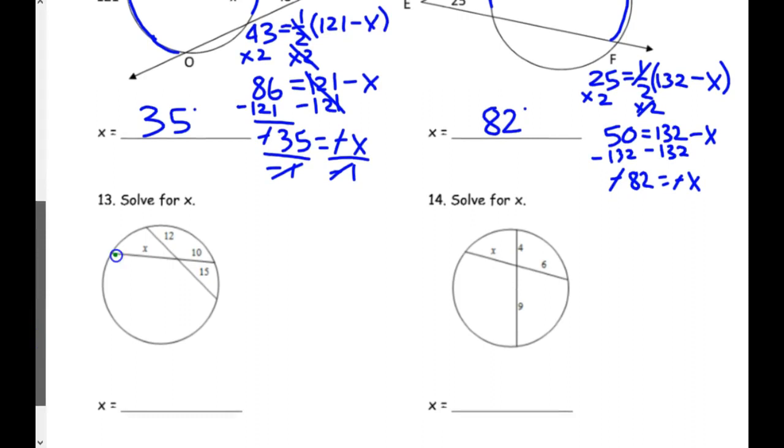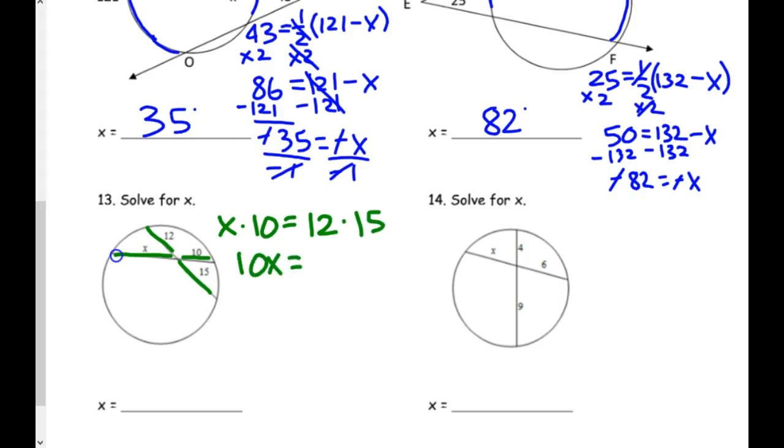So let's do this. x times 10 on the same chord, right? x times 10 equals 12 times 15 on the other chord. x times 10, 10x. 12 times 15 is 150, I believe.